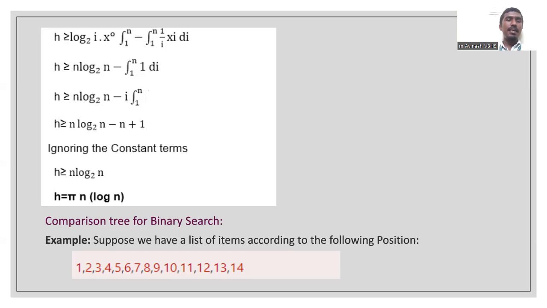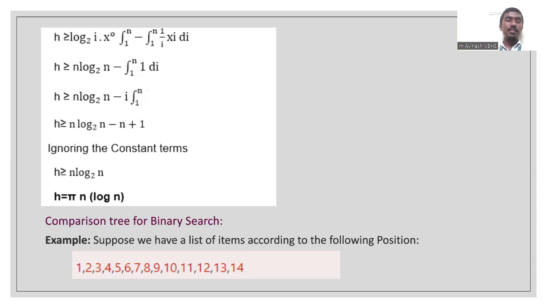That implies h is greater than or equal to n log base 2 of n minus n plus 1. Ignoring the constant terms, we get h greater than or equal to n log base 2 of n. That implies h is equal to omega of n log n.